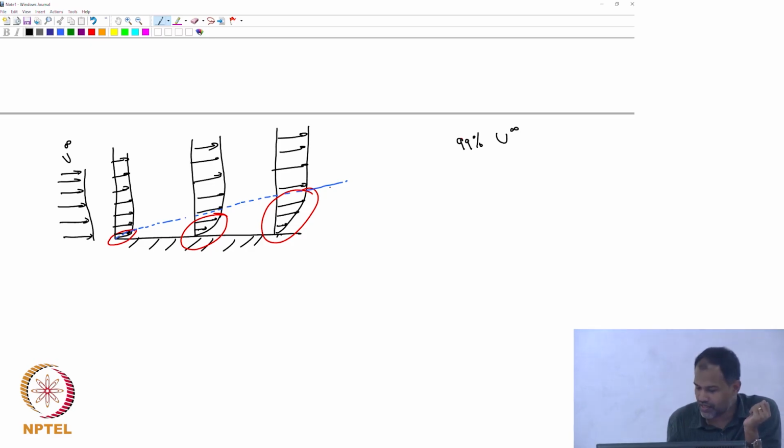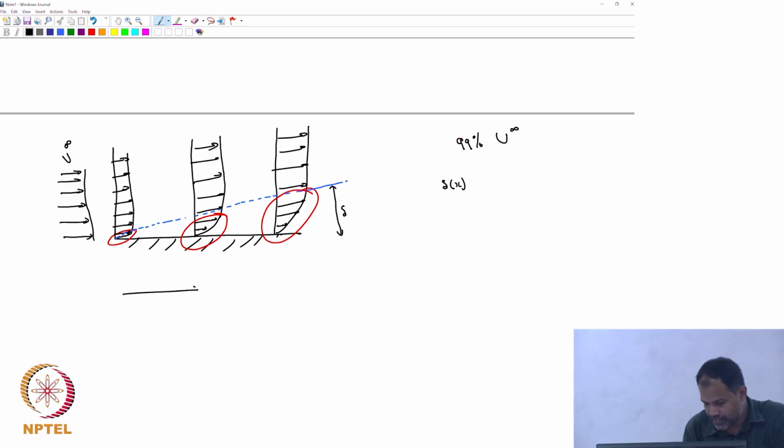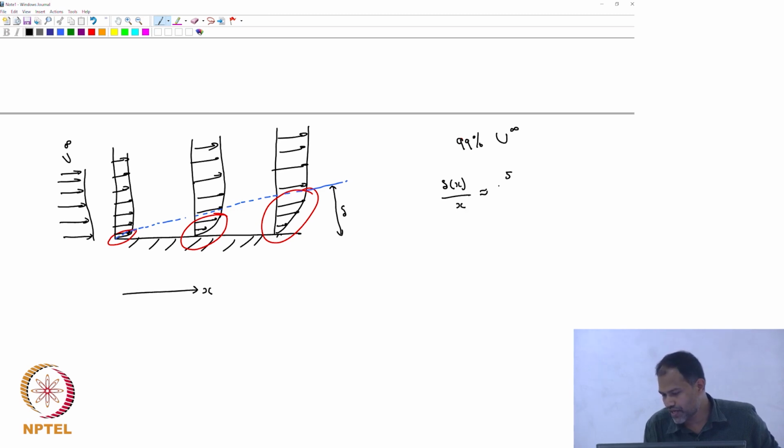Typically we denote the thickness with delta, and it turns out, which we will derive, that delta of x, with x being my x direction, delta at any place in x divided by x is approximately equal to 5 divided by square root of Re_x.